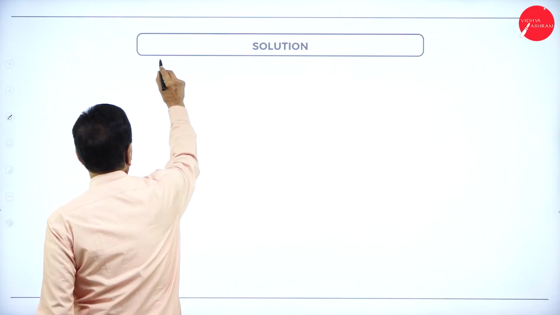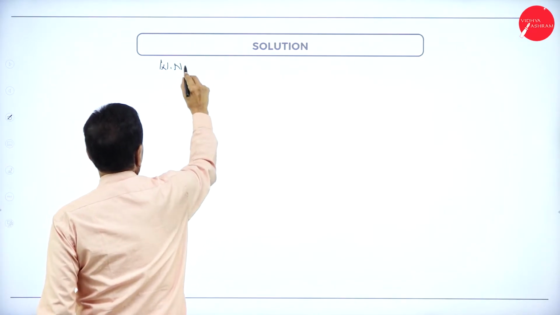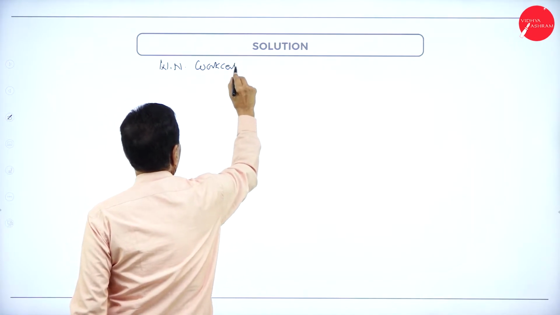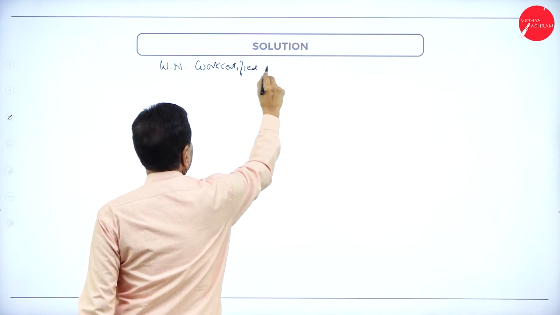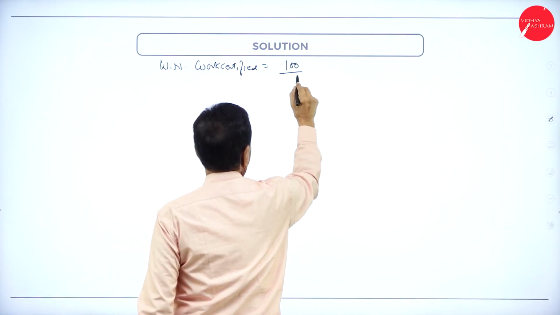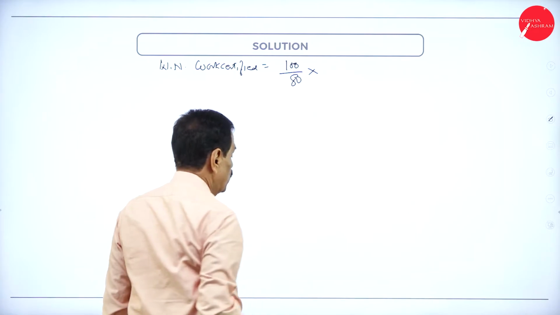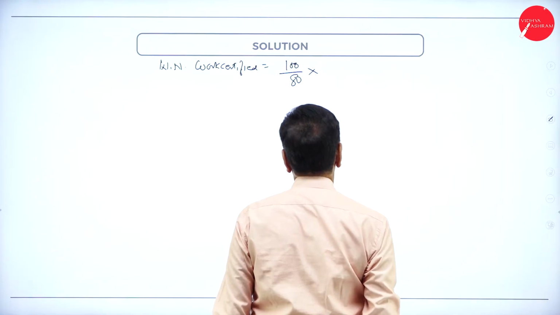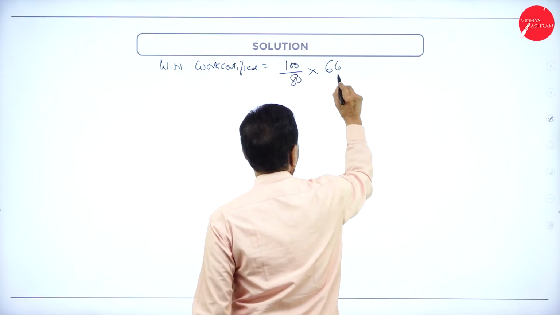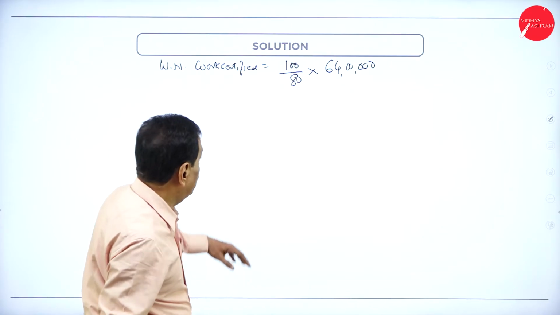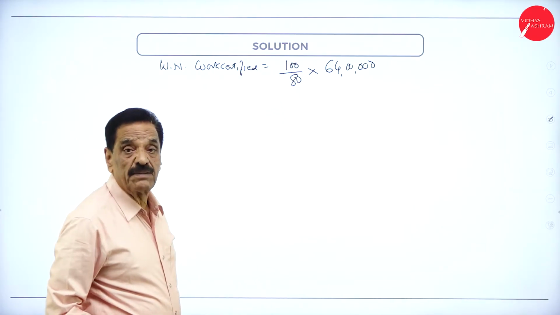Working note number 1, work certified, is equal to 100 divided by 80 into cash received, 64 lakh. That means if we receive cash of 80, your work certified is 100.